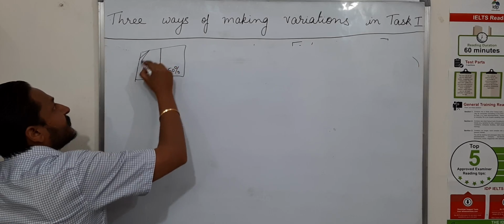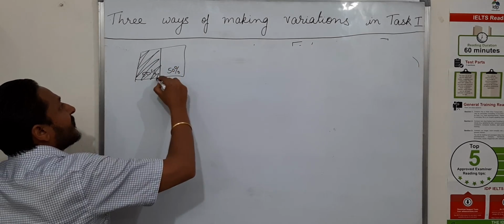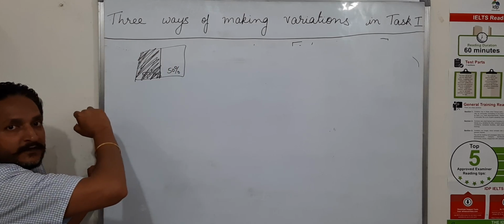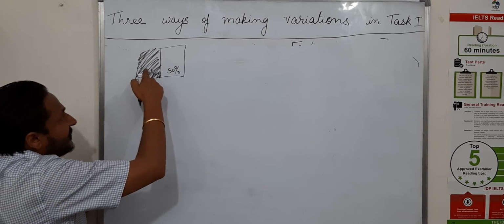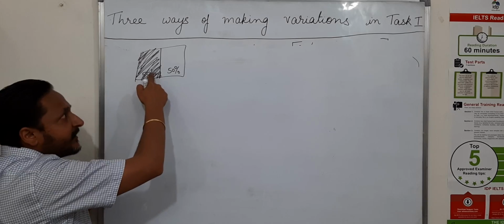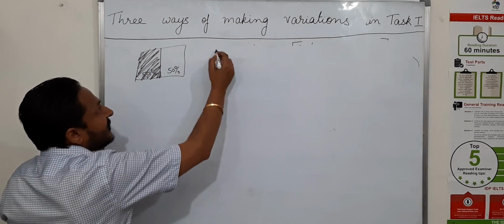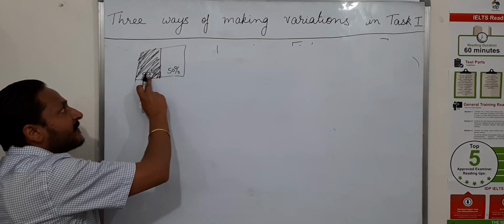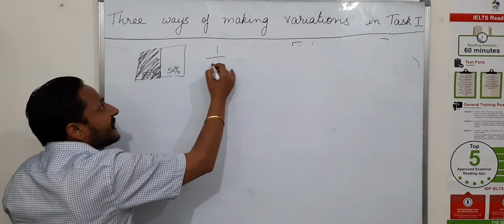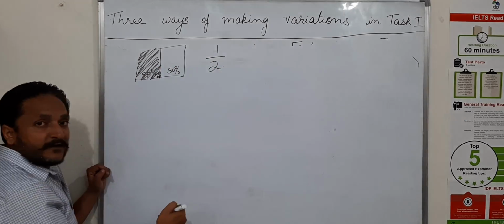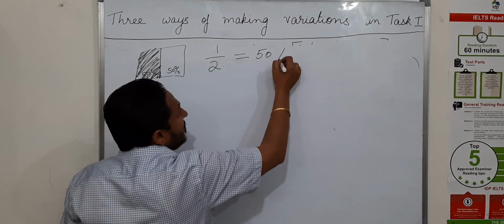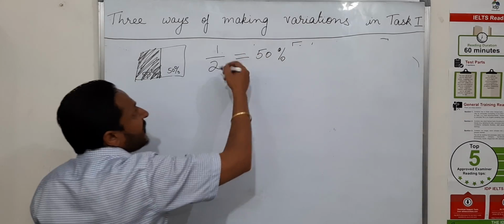Now, if I have to see how much this is in terms of fraction, I will put this in the numerator. This is one part, so I will put 1 in the numerator. And how many are the total number of parts? 2. I will put that in the denominator. So wherever you see 50%, you can also write 1 by 2 over there.